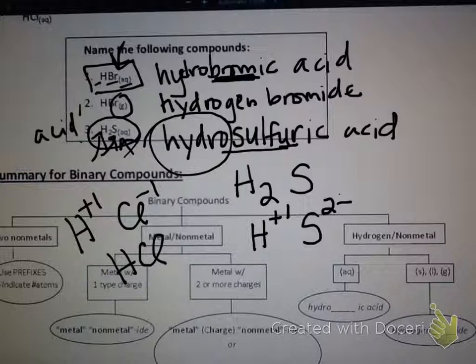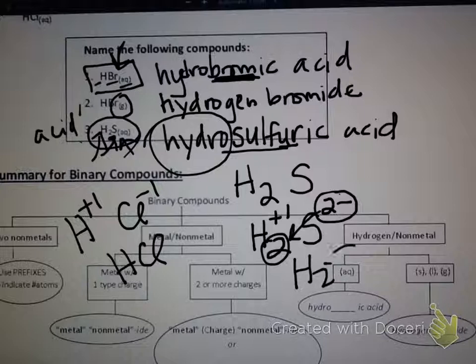But because sulfur has a -2 charge, we need 2 hydrogens, we're just going to crisscross there, in order to balance that charge. So it's H2S. So just be aware that hydrogen has a +1 charge when it ionizes or chemically reacts in solution. And whatever the charge of the anion is, that's how many of the cation of the hydrogen ions you'll have.